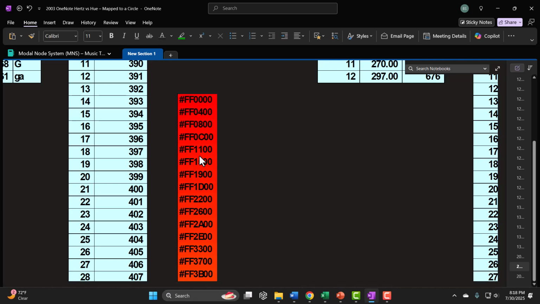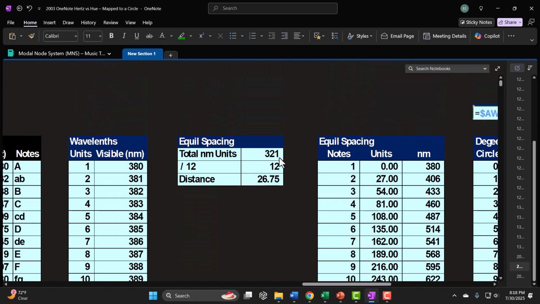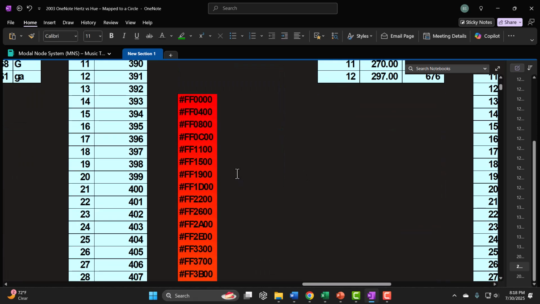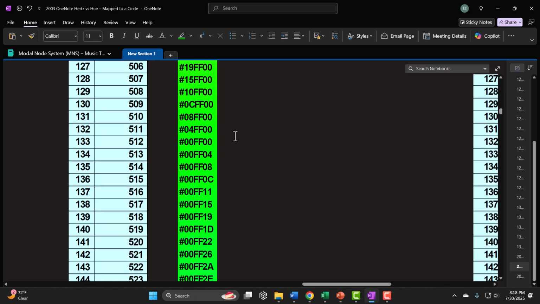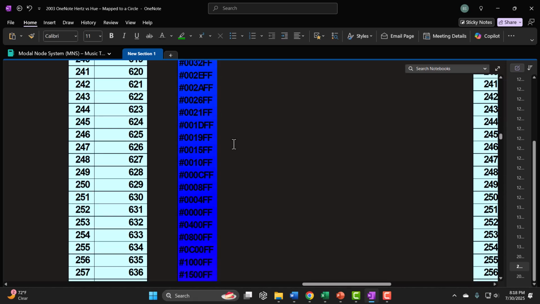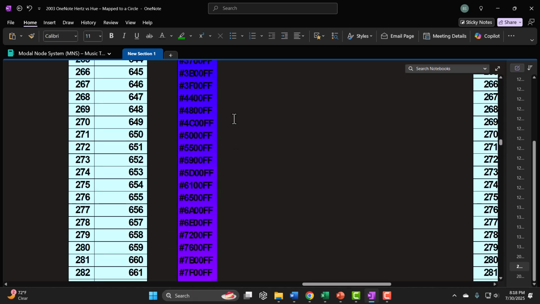The reason it's not going to tie exactly into what we derived from a nanometer standpoint is because they fudged it, right? If we mapped it into a circle, the circle would have 360 degrees that I believe would stop somewhere around here, this color, which is a shock. It's too jarring from a circle standpoint to go from this color back to red. It would just be like ending.